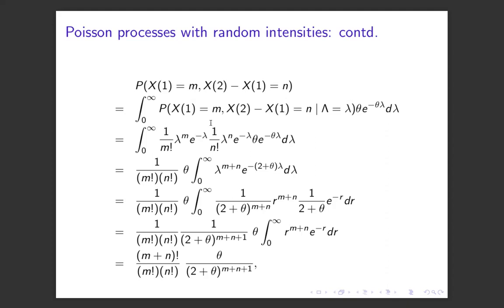So this probability is equal to 1 over m factorial times lambda to the power m times e to the power minus lambda, because the time unit is 1. And similarly, this is equal to 1 over n factorial lambda to the power n e to the power minus lambda. And of course, this exponential density comes here.